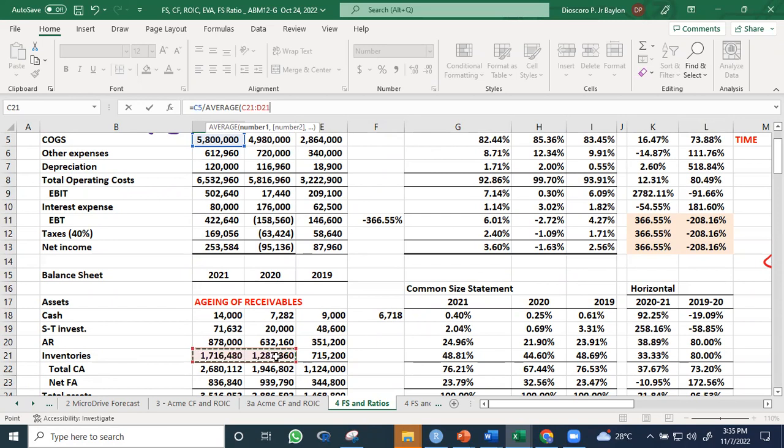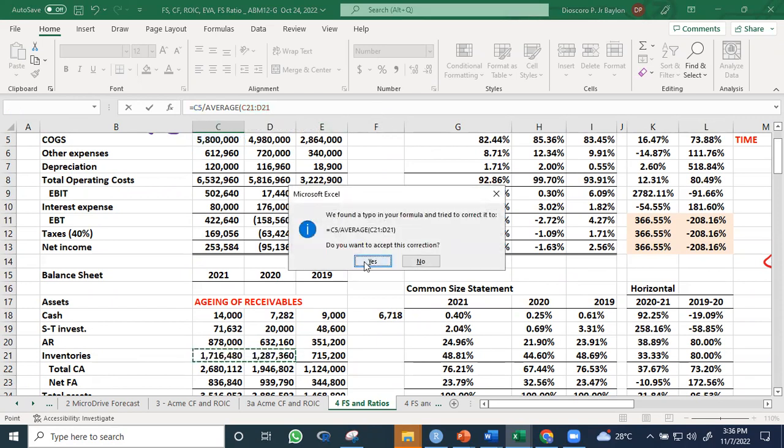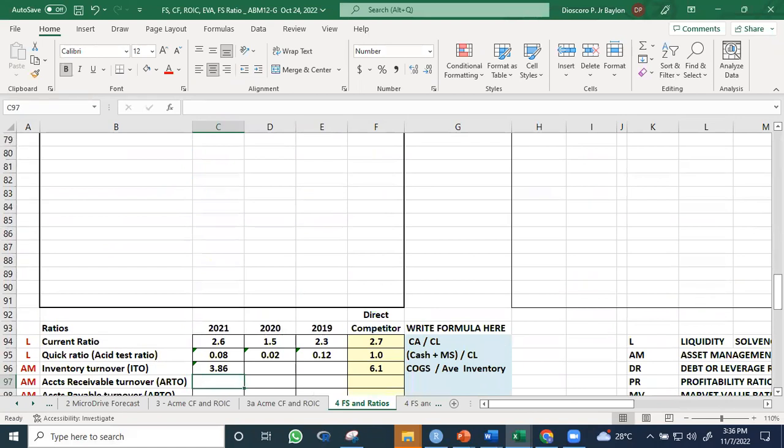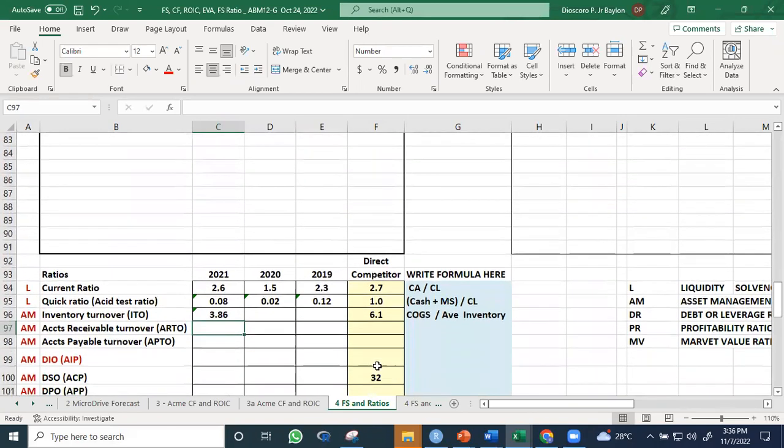This is January 1, 2021, the beginning of 2021 or end of 2022. Okay? So, enter. All right, I'm getting 3.86 or 3.9. I'll just make it 1 decimal place. Okay, and then we can copy this to the right. All right, so you have inventory turnover 3.9.